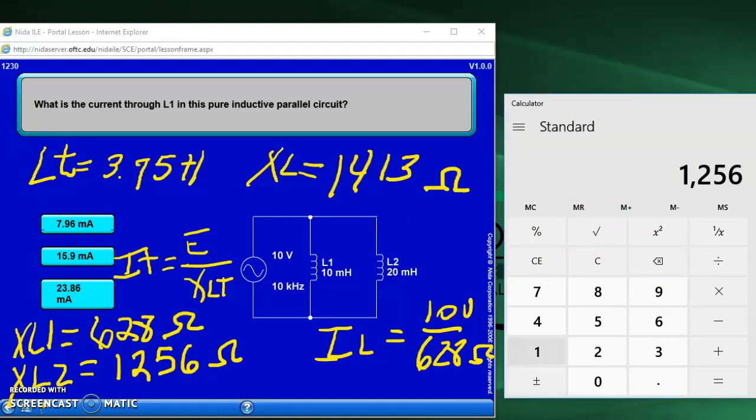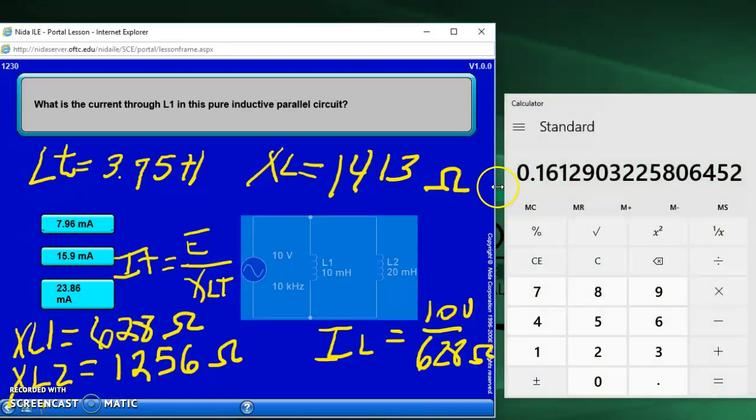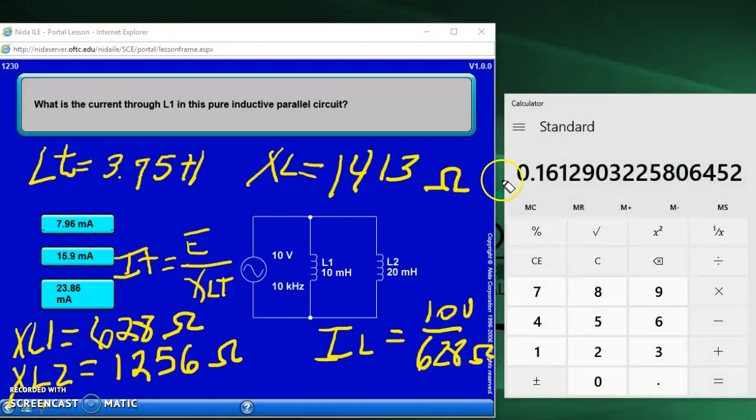So we're going to say 10 divided by 628 equals, and that's going to be in amps, so we've got to move the decimal place 3 places. Well, that's not coming out right at all, so I must have messed up somewhere.